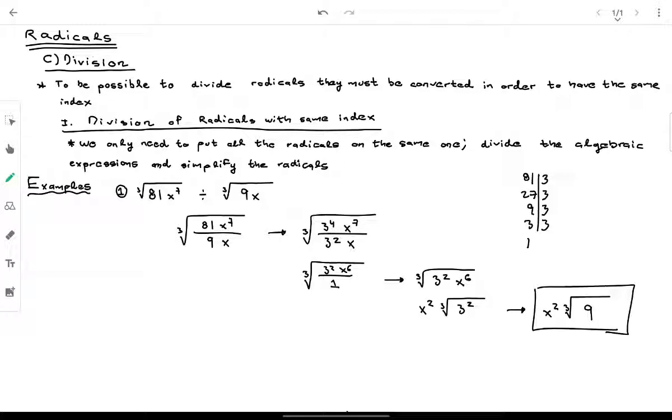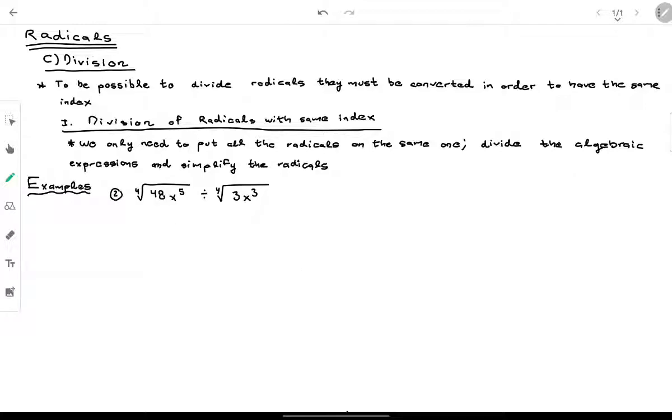Let's see another example. On the next exercise, we can put it in a single radical expression because we have a rational expression inside a radical. So it's going to be 48 x to the 5 divided by 3x cubed.